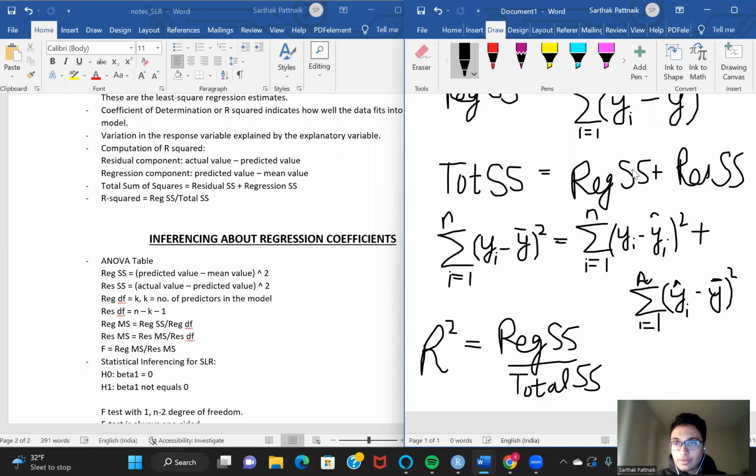So basically it is going to be this value divided by this value, and you add summation here. This is going to be my value of coefficient of determination or r square.